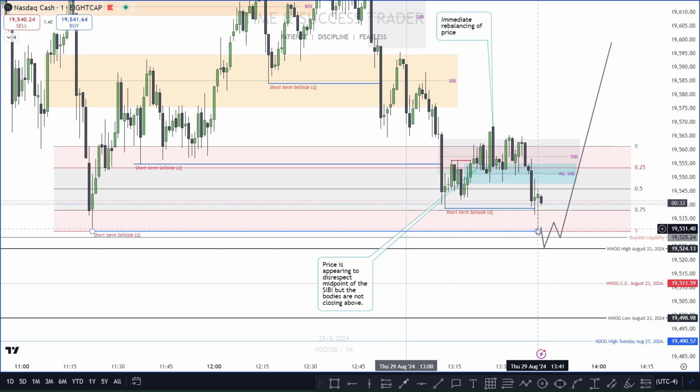We delivered, took sell side liquidity, and I believe this candle is going to redeliver and take this sell side liquidity.